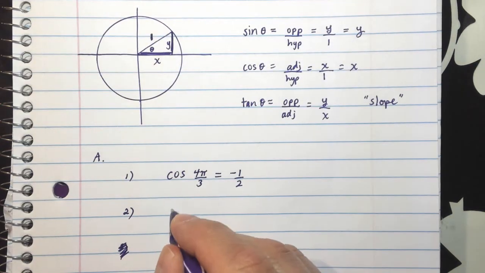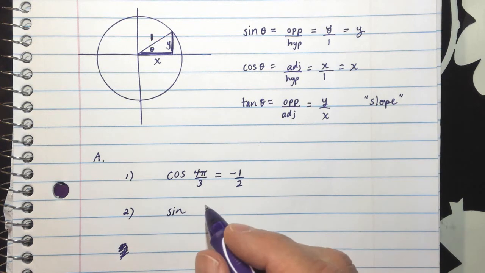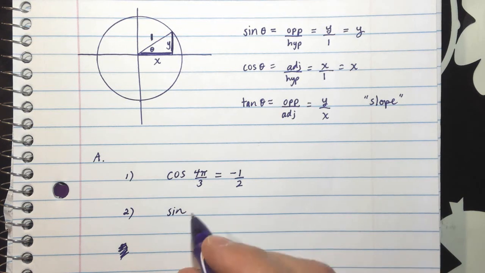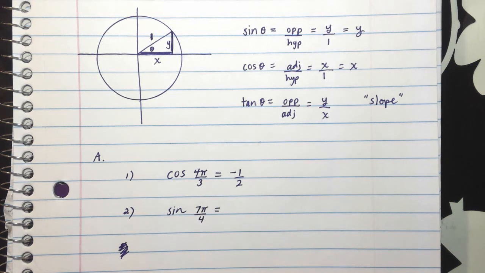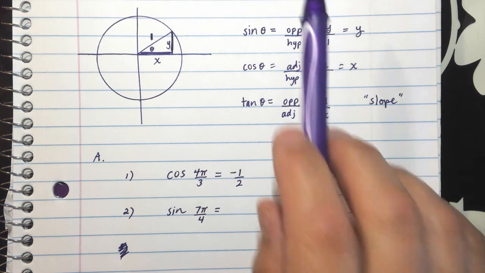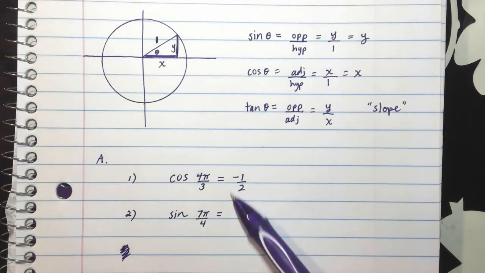Okay, and then let's do sine of 7 pi fourths. Remember, sine, cosine, tangent, all of them are just a ratio. A ratio is a fancy word for a fraction, so your answer is always going to be a fraction.